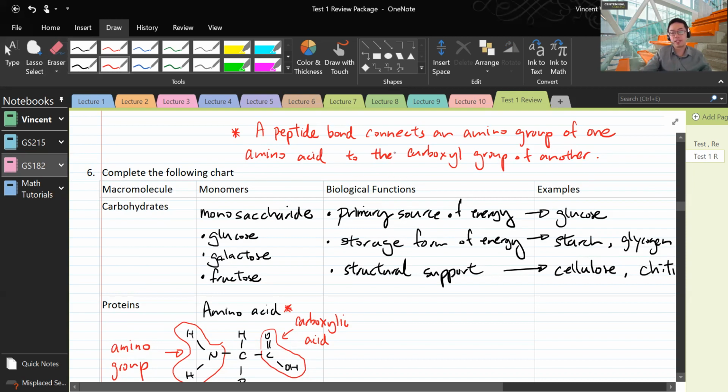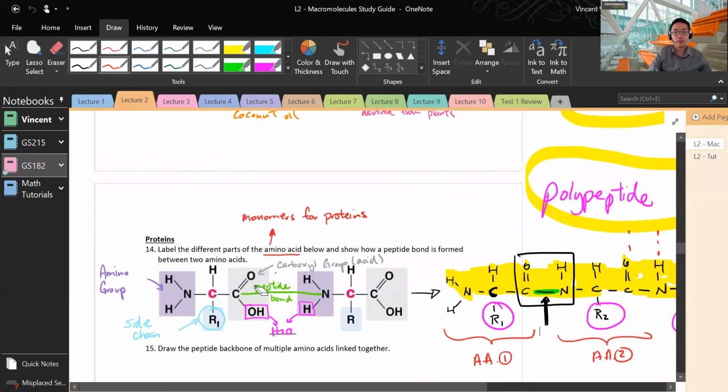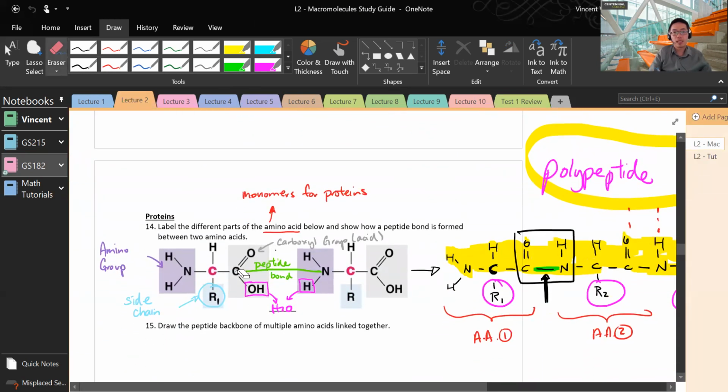You can go find the notes or something. Well, this you're going to remove an OH from the carboxylic acid. You're going to remove the H from the amino group of another amino acid, and you're going to create a peptide bond. Right? Let me just show you very quickly over here. You take the OH and the H, and then you connect the C and the N, and you create this peptide bond right here.